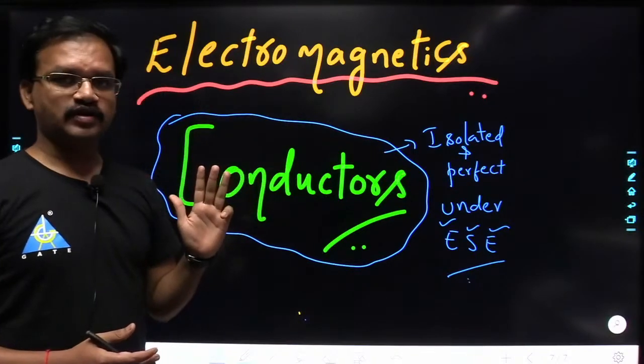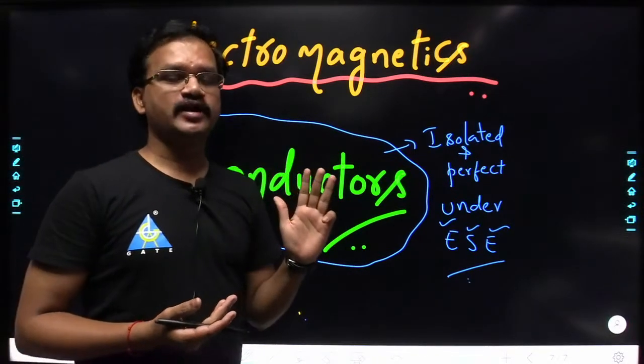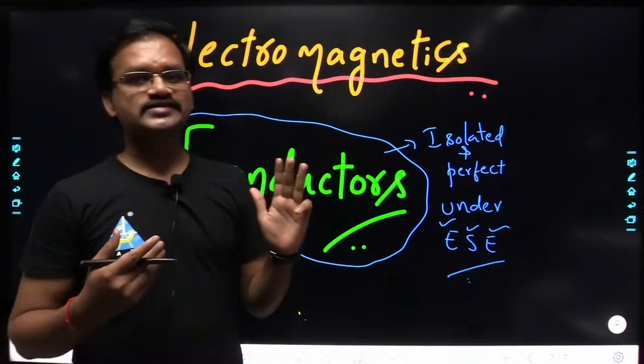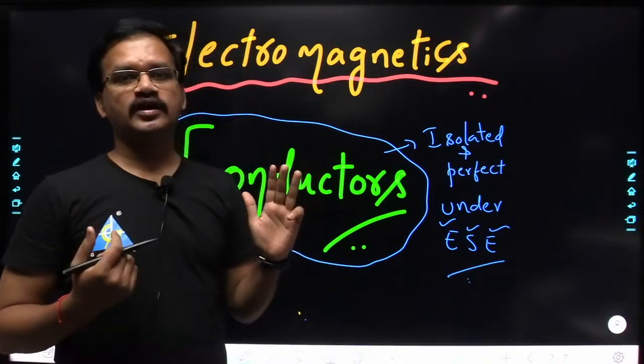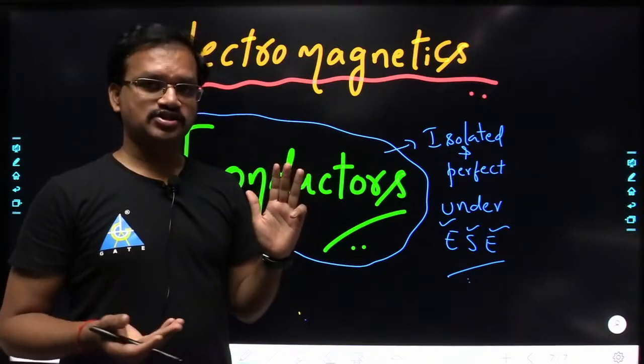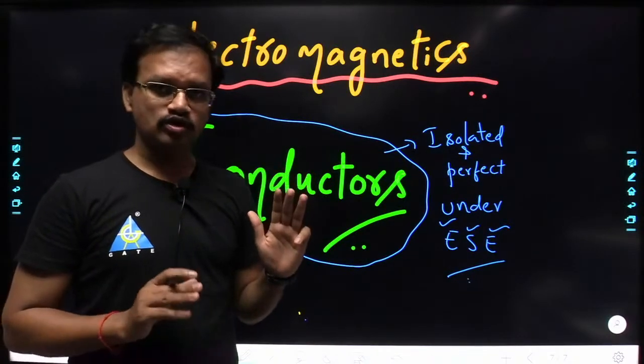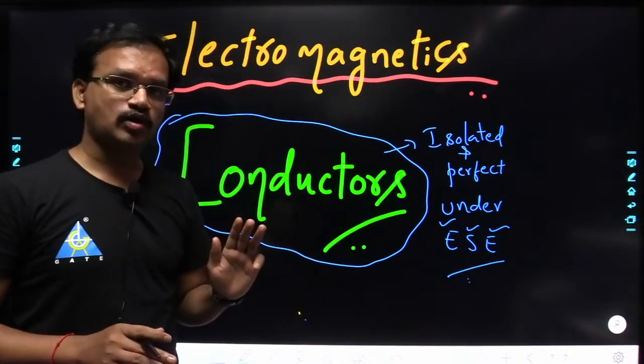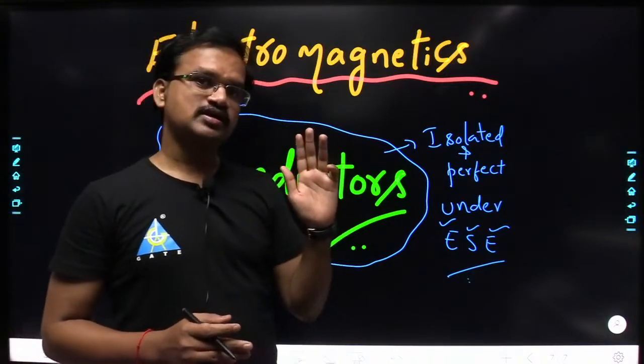And what is the second one here? If you try to charge a conducting material, that charge will reside only on the outer surface of the conducting material. Understood? Which means rho v for a charged conductor is always equal to 0, whereas rho s is not equal to 0, right? This is the second property.